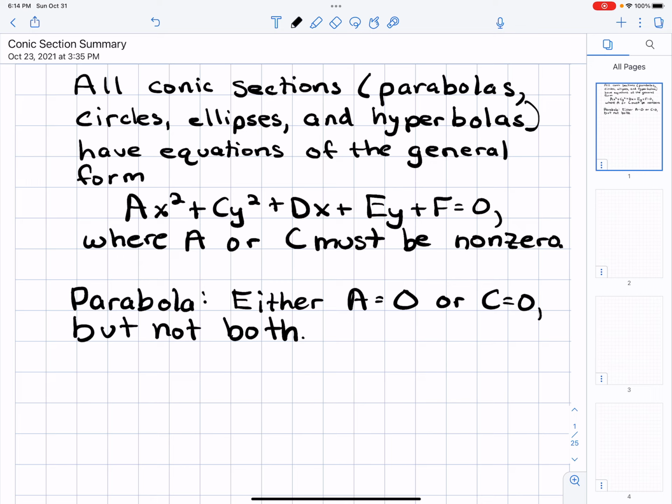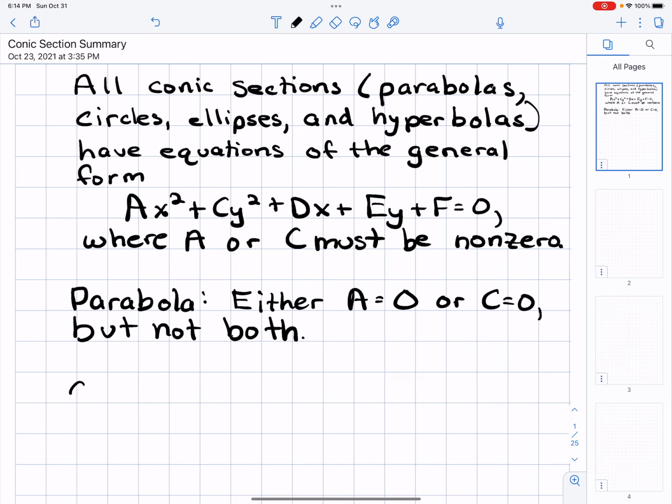So that's not a conic section. So you have one or the other. You have either an x squared or a y squared with the rest of that. But you can't have both of them, x squared and y squared, because then it's not a parabola. Then you're going into other territories.